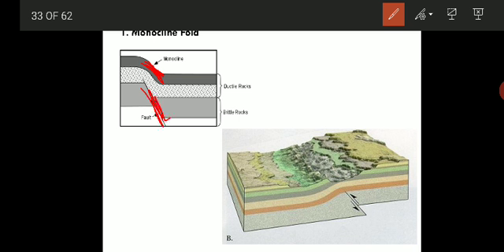Because of this fault, the beds have moved down and these have moved up, and because of this, this part shows some bend, and on both sides of the bend the strata are nearly horizontal. So such a type of fold is called a monocline.